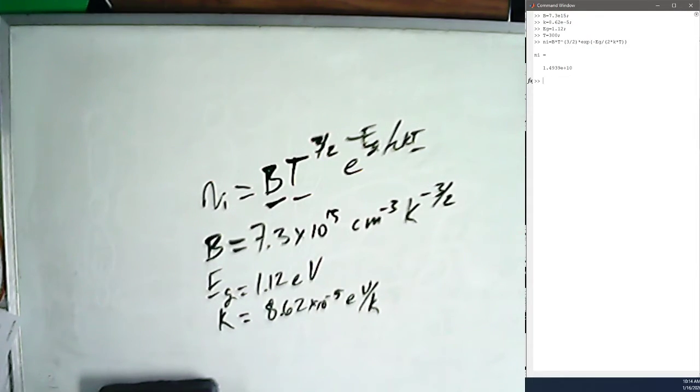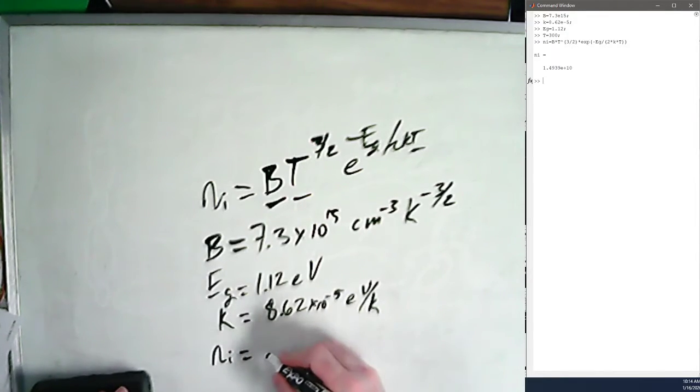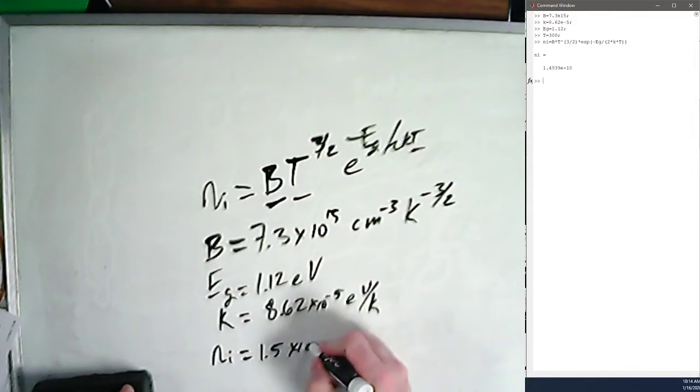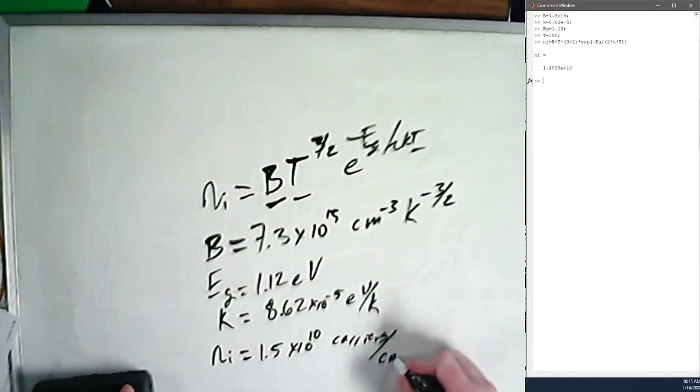And we get, in this case, 1.5 times 10 to the 10th. And this is in units of per centimeter cubed. So this is carriers per centimeter cubed. And so Ni at room temperature is about 1.5 times 10 to the 10th carriers per centimeter cubed.